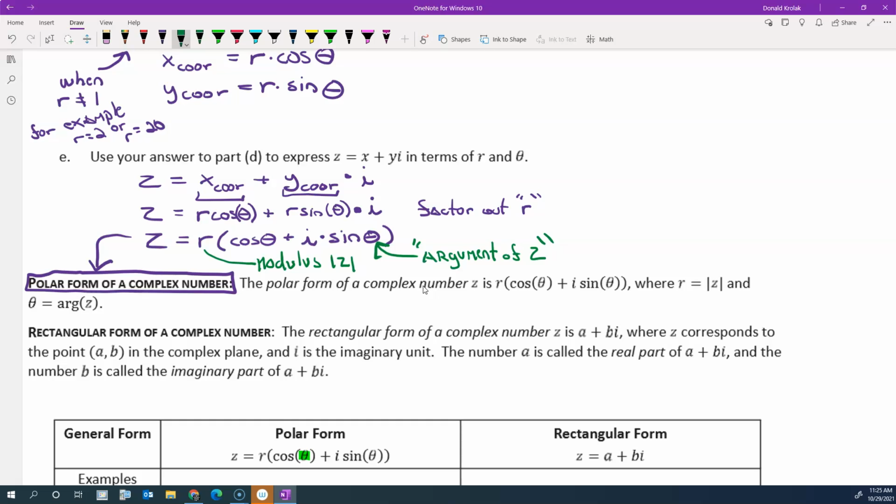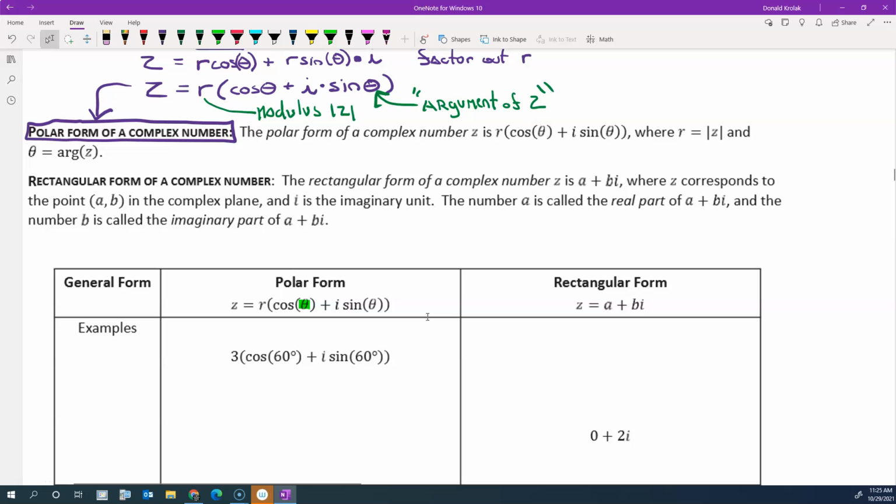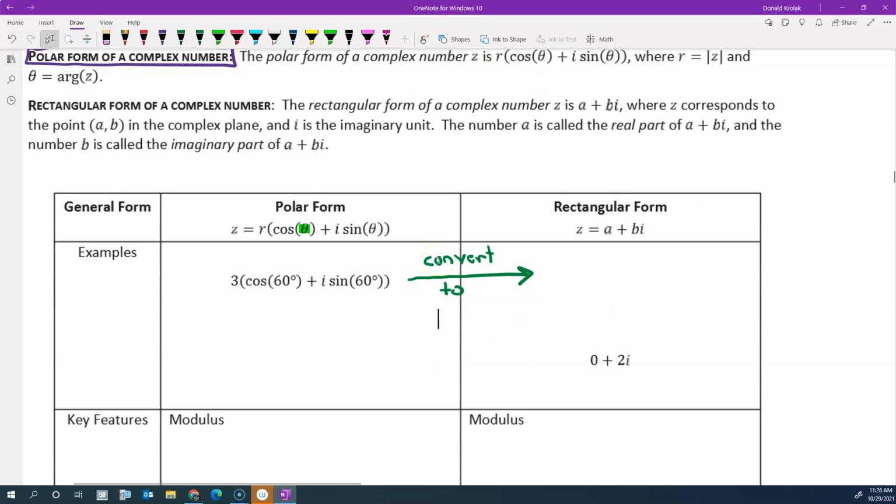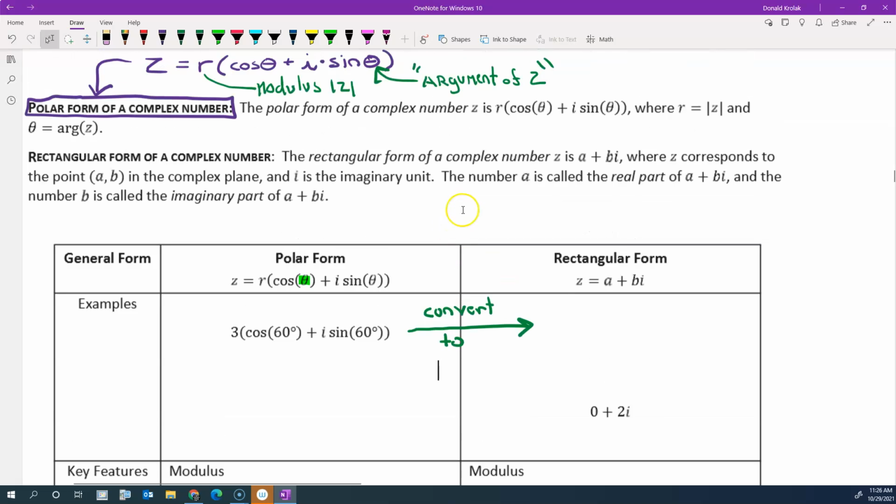All right. So what we're going to do is we're going to take this equation and we're going to translate it into rectangular form. Okay.